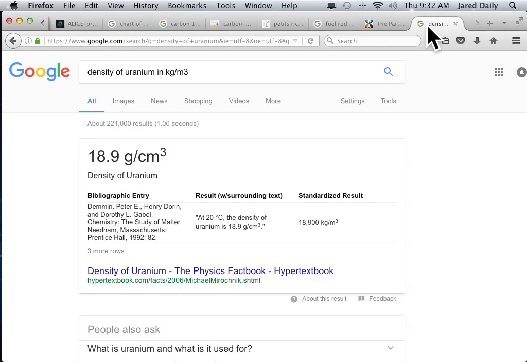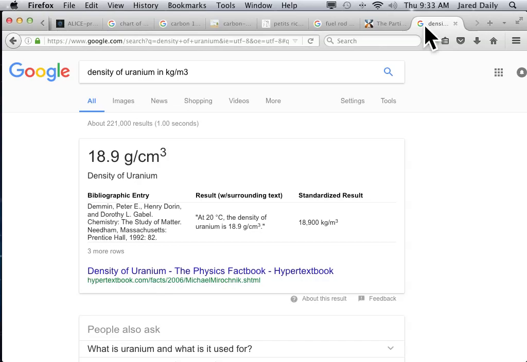A centimeter cubed in a liter, there's 10 times 10. Is there really 1,000 in a liter? That's not right. Yeah, that's right. You're going to have 18 kilograms. So a block of uranium this big is 18 kilograms, which is going to be about 40 pounds. So a block half the size of this box is going to be 40 pounds. So that's heavy, very heavy.